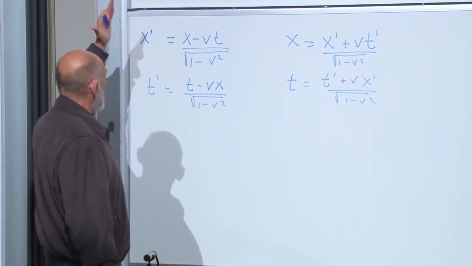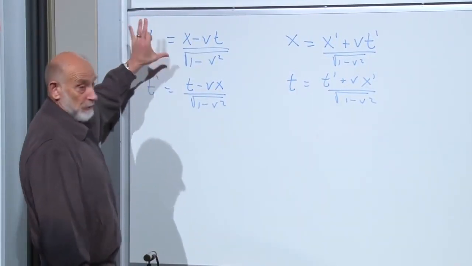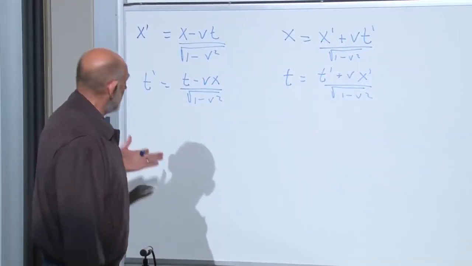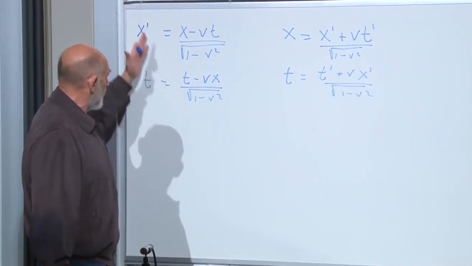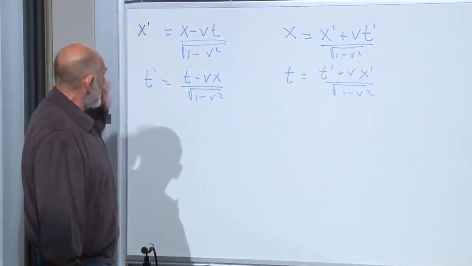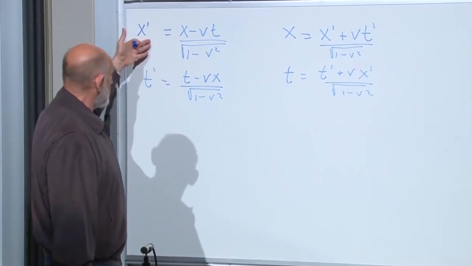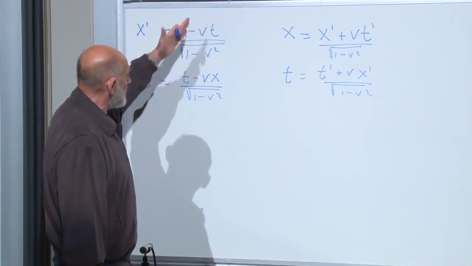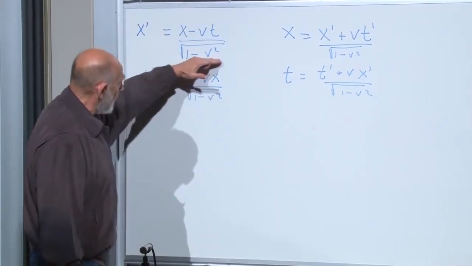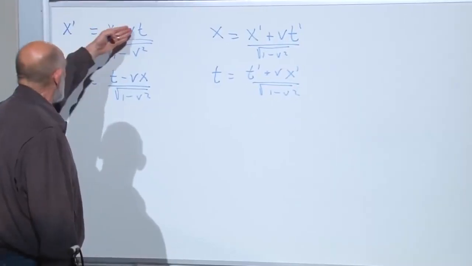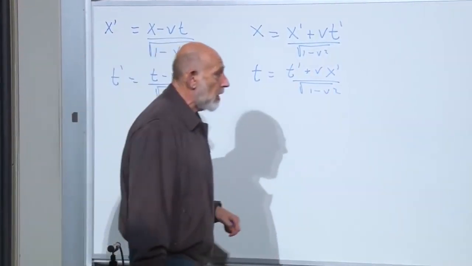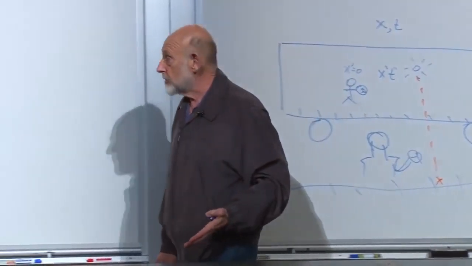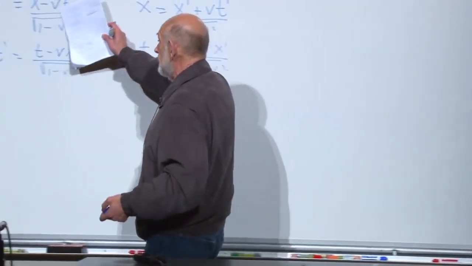You just look at this and you say the prime observer, let's not call him moving, the origin of the prime coordinates, x prime equal to 0, corresponds to x equals vt. You don't have to know about this denominator there. You just look at x equals vt. That specifies x prime equals 0, and that tells you that the relative velocity between the two of them is v.